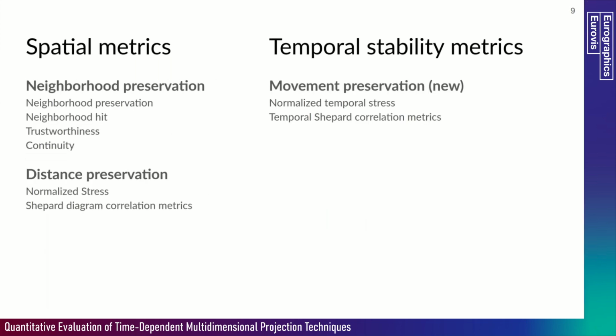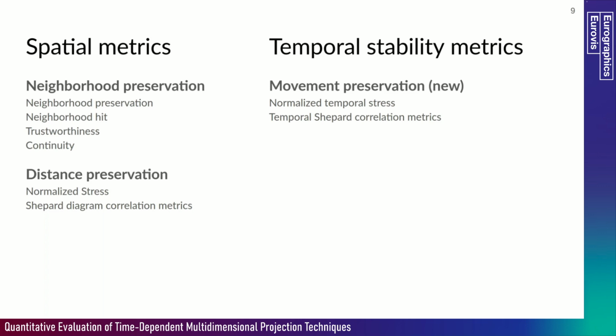Let's start by describing the metrics we used. We used spatial and temporal metrics. For the spatial metrics, we have the neighborhood preservation metrics, which means basically that for each point we look at its neighbors in 2D and its neighbors in ND and see how well the sets match.